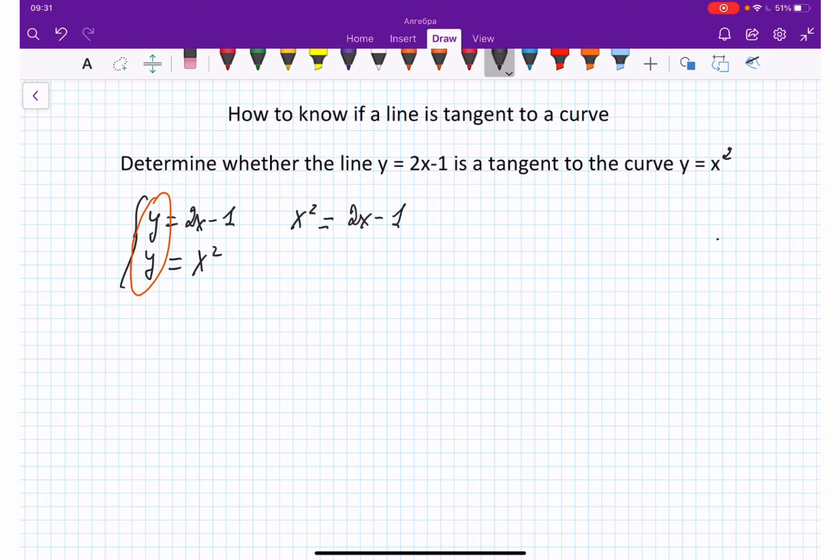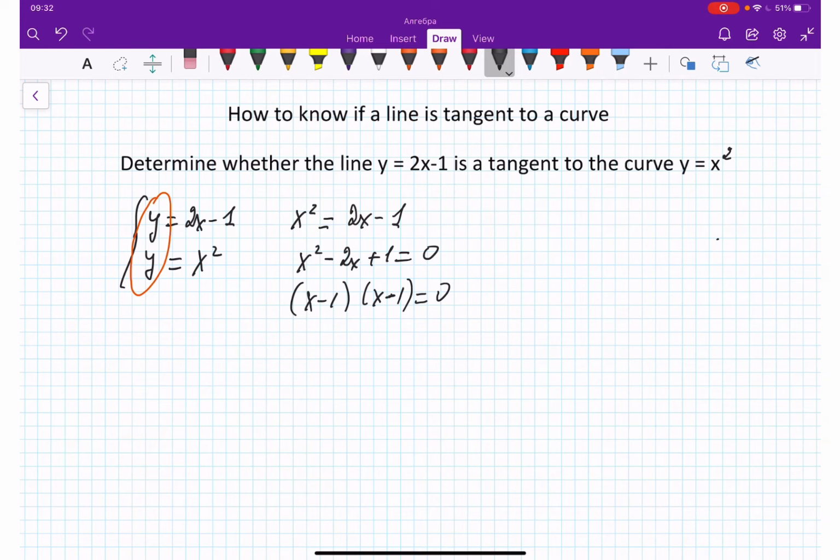Obviously this is a quadratic equation, and we are going to solve it. x squared minus 2x plus 1 is equal to 0. So we have x minus 1, right, equals 0.